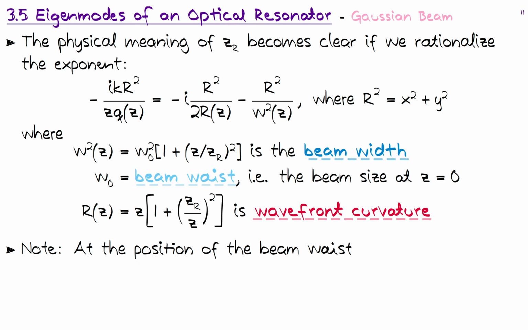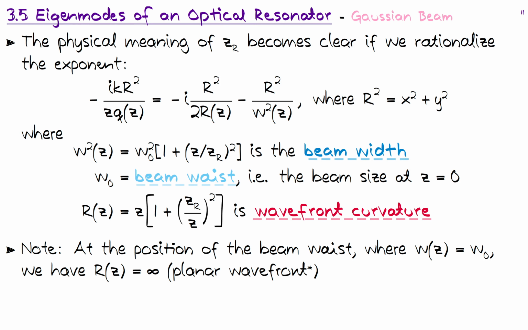Please note that at the position of the beam waist, where the beam width equals w naught, the wavefront curvature is infinite. So that means we have a planar wavefront.